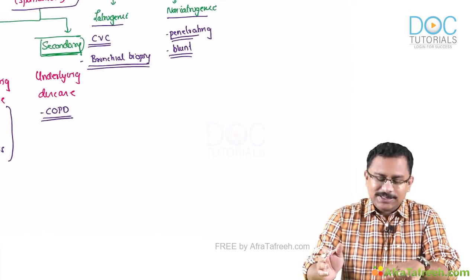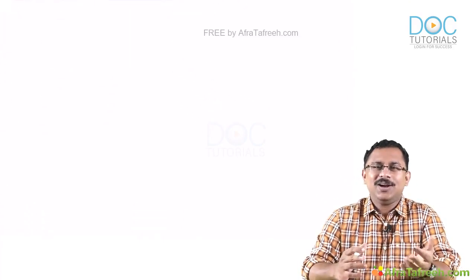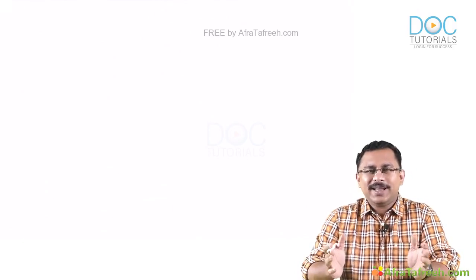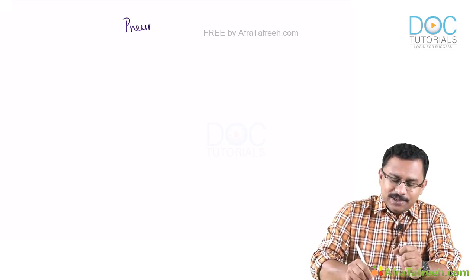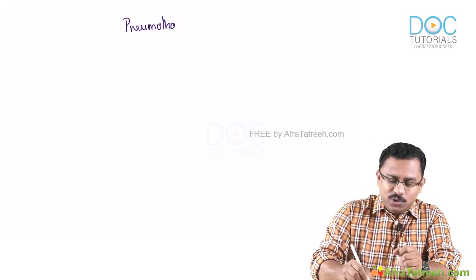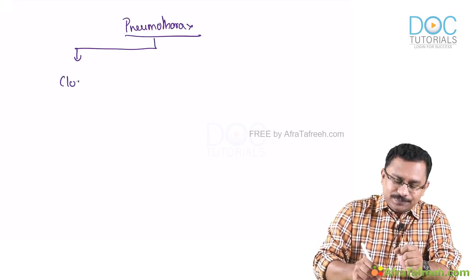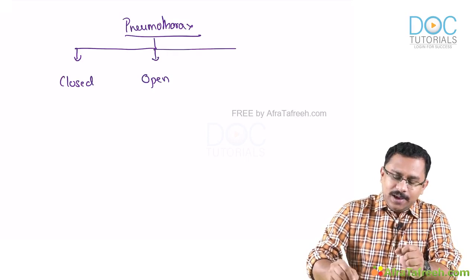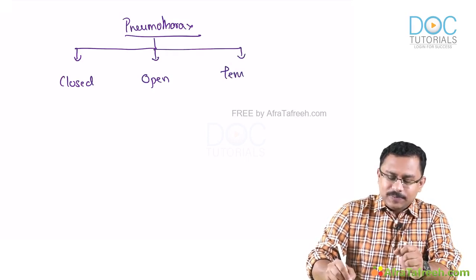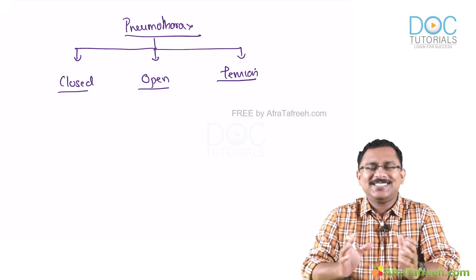Now, in addition to this classification of pneumothorax based on the etiology, another way of classifying pneumothorax is into your closed pneumothorax, open pneumothorax and tension pneumothorax. Okay, it is very important to know these individual entities as well.